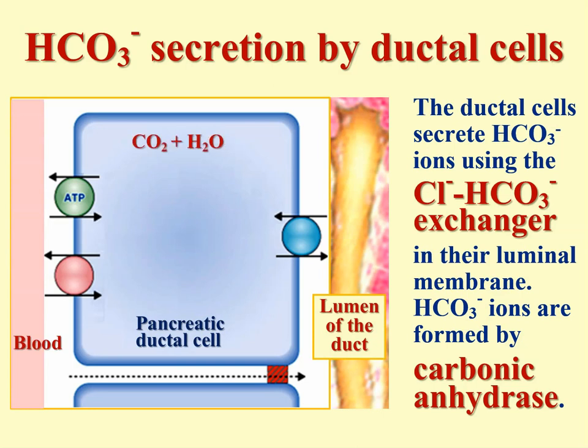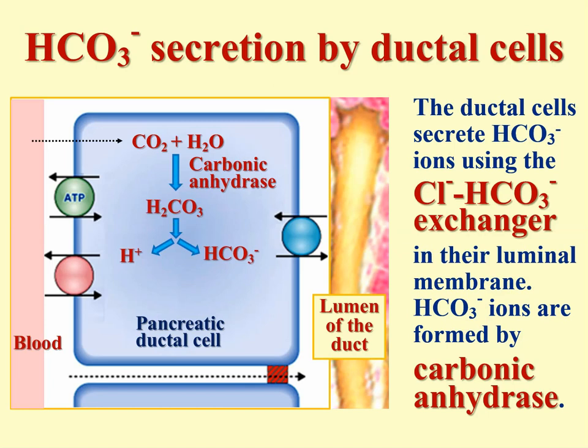And first, it's necessary to produce HCO3- ions by carbonic anhydrase. CO2 production of the cell is not enough in most cases, therefore it's necessary to take some CO2 from blood. And then CO2 with water are combined by carbonic anhydrase action into H2CO3, carbonic acid, which dissociates into H+ and HCO3-.